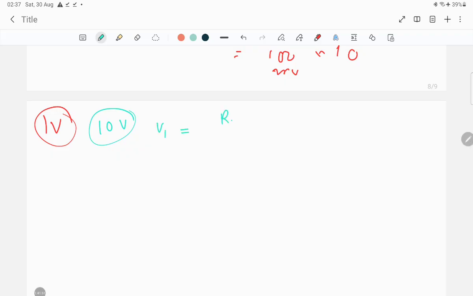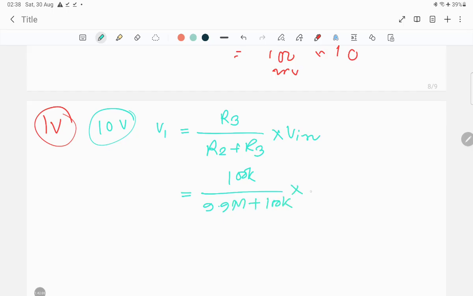R3 divided by R2 plus R3 into V in. R3 is 100 kilo, R2 is 9.9 mega plus 100 kilo, into 10 volt, and it's about 100 into 10, so that will definitely give 0.1 volt.